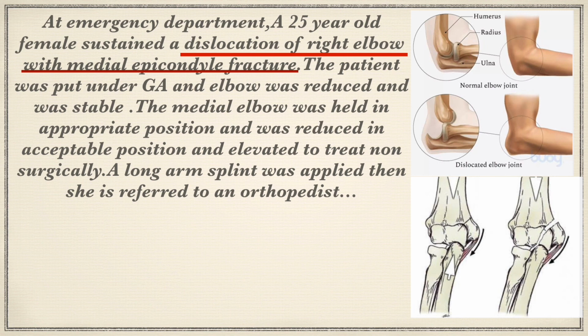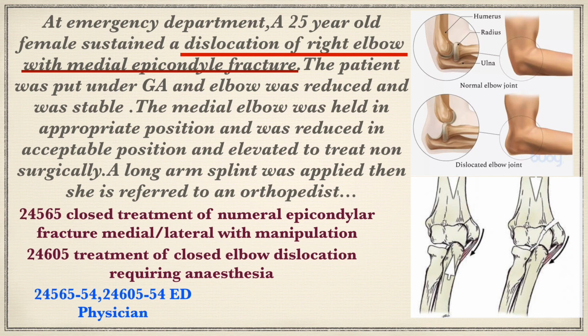As he is performing all this surgical care, he can put modifier 54 along with CPT 24565, closed treatment of humeral epicondylar fracture, medial or lateral, with manipulation, and 24605, treatment of closed elbow dislocation requiring anesthesia. The orthopedist can report the same CPT with modifier 55 as he is providing post-op care.